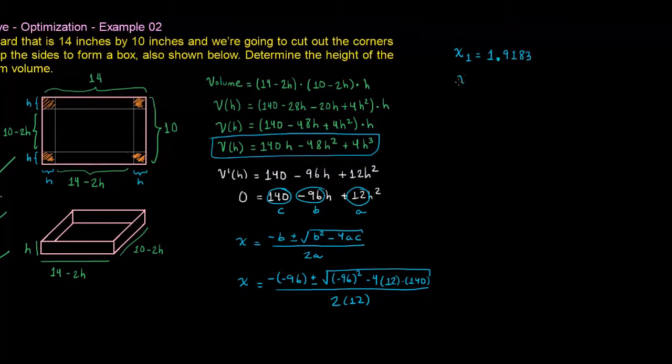And the second one is 6.0817. These are the 2 values of x that we get from the general formula, from the chicharronera.